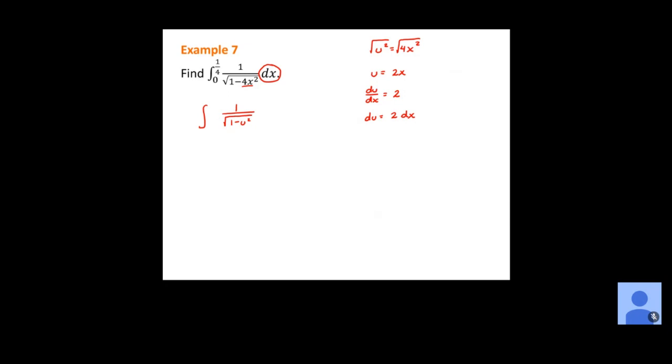And now I need to get rid of that 2, so I'm going to divide. So we get 1/2 du equals dx. So now in place of dx, I can put 1/2 du. So I'll put my 1/2 out here, and then we'll have our du right here.